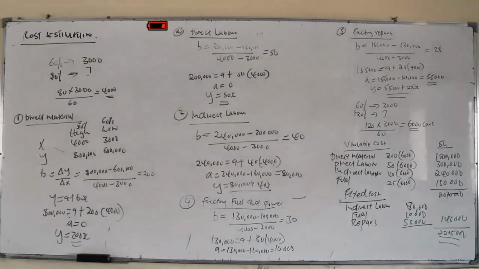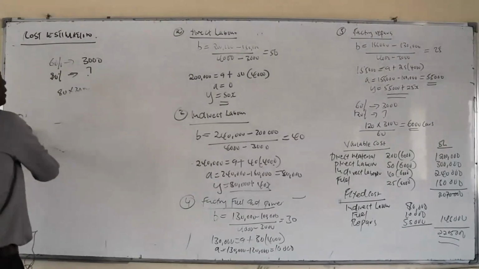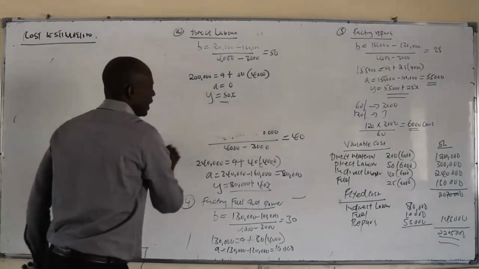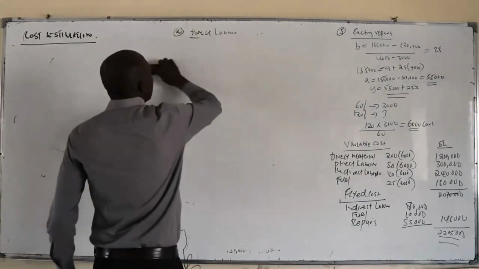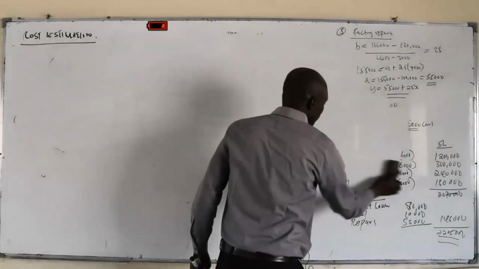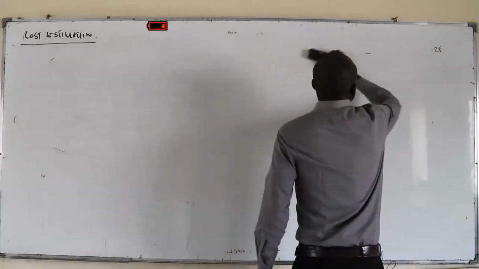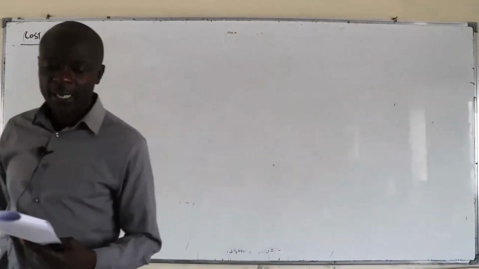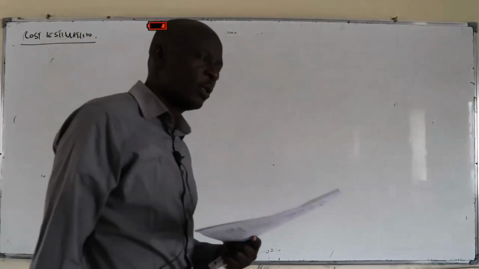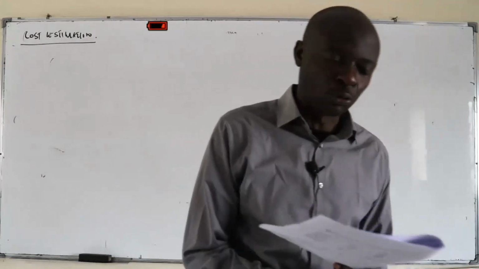We call it regression analysis or least square method. This is a statistical method which is used to determine the nature of relationship existing between variables.